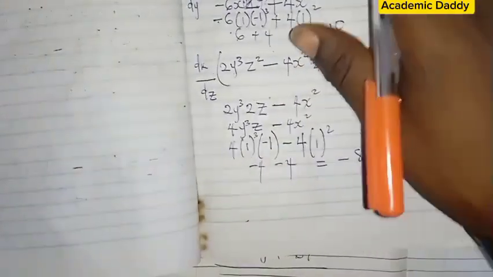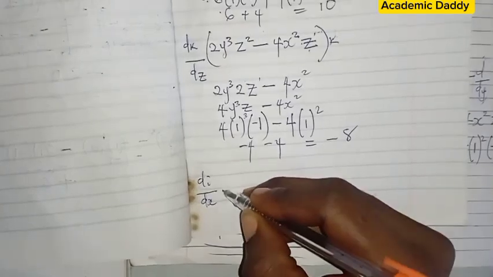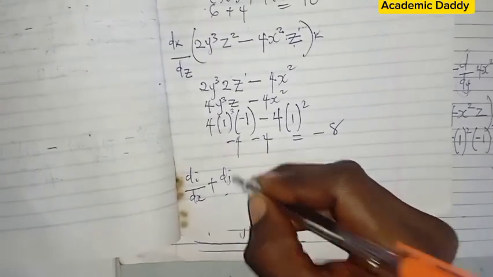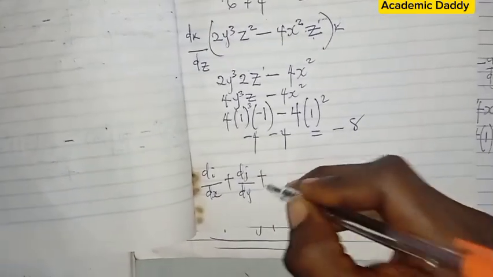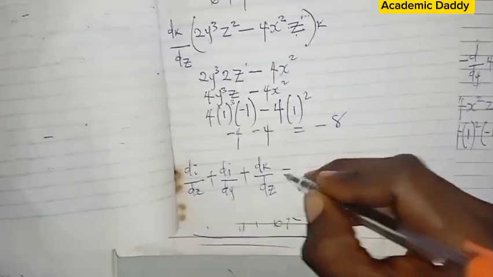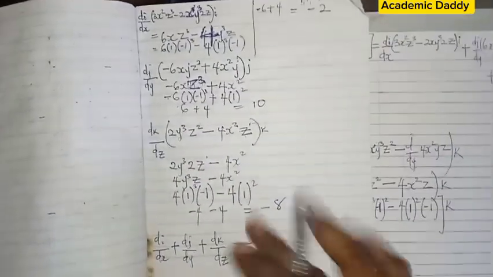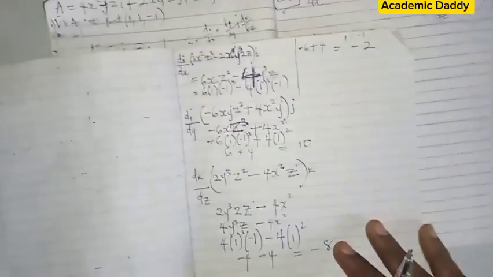By the time I pull up everything, that is the ∂/∂x plus the ∂/∂y plus the ∂/∂z, you see the first one I got was minus 2, if you remember.